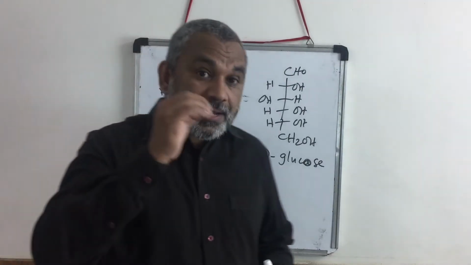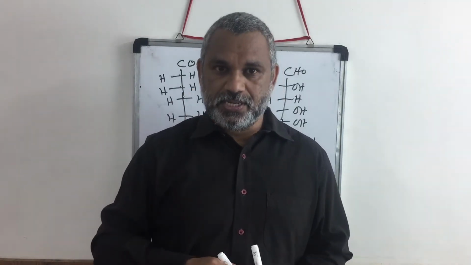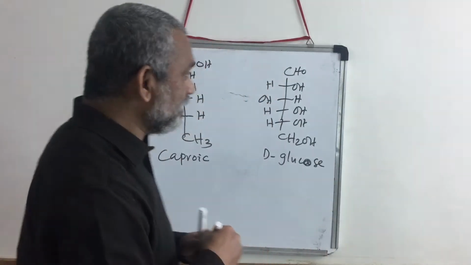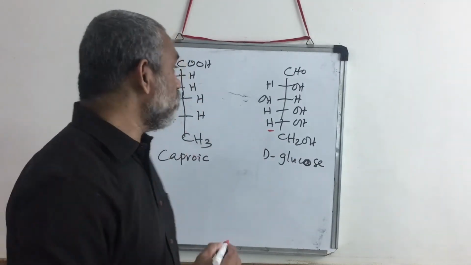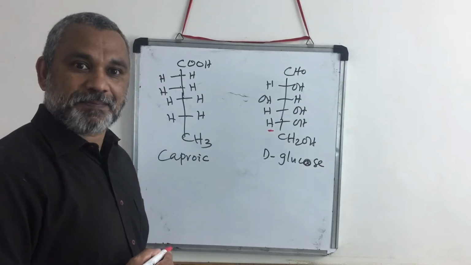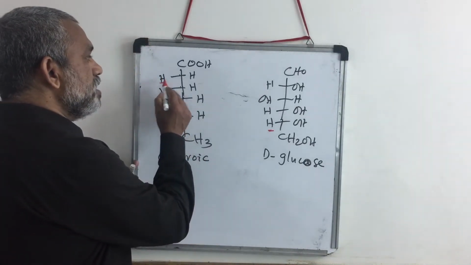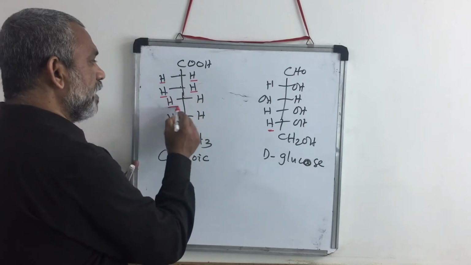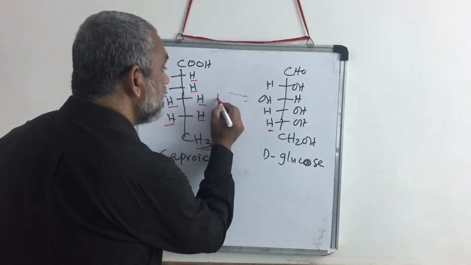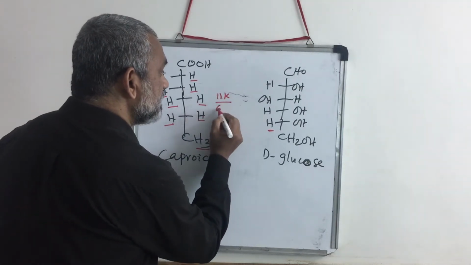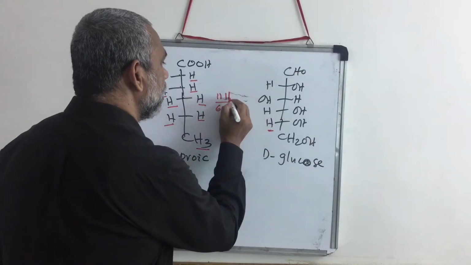Energy is present in the reducing power, which is in the form of hydrogens. So let us count the hydrogens in caproic acid: 1, 2, 3, 4, 5, 6, 7, 8, plus 3, that is 11 hydrogens in a 6 carbon unit.